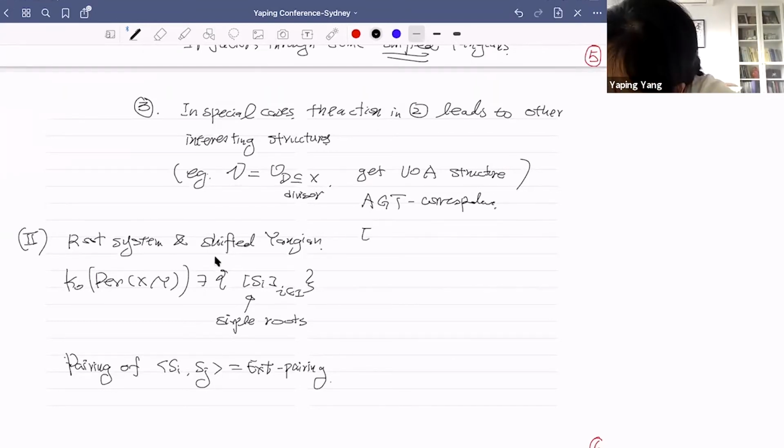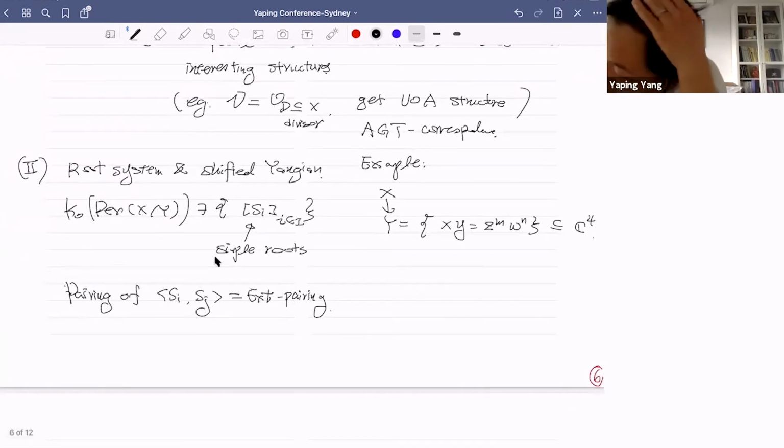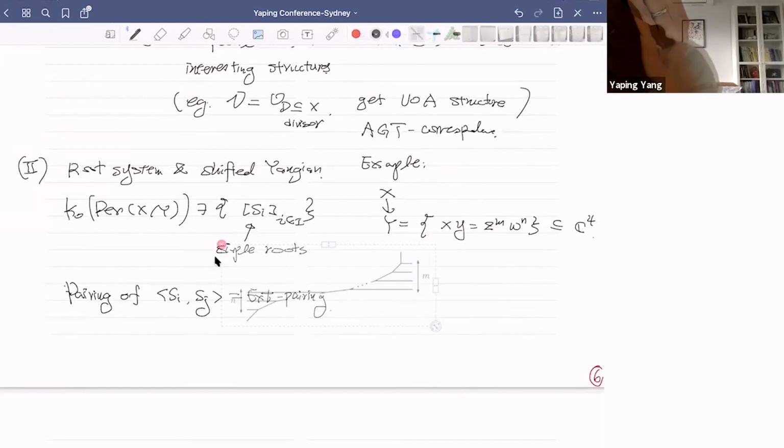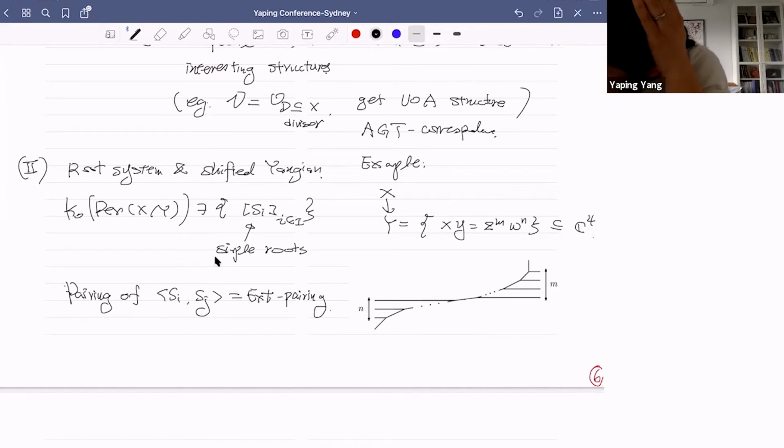For example, if I take Y to be defined by the equation xy = z^m w^n inside C^4, then if I draw the toric diagram, there are m lines on the right and n lines on the left.